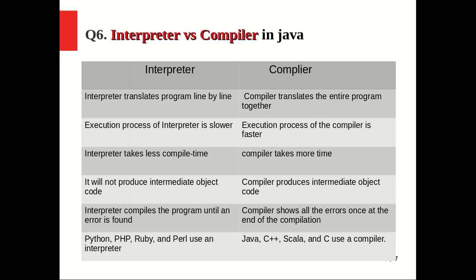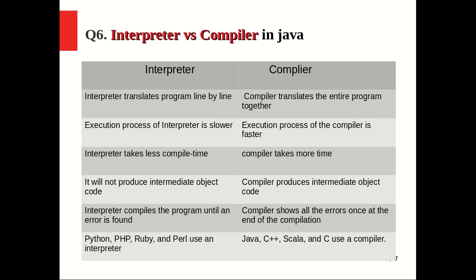Now, this can be one of the important questions: interpreter versus compiler. Let's see the difference between the interpreter and a compiler. As we know, an interpreter translates the program line by line, and a compiler translates the entire program together in one shot, right?